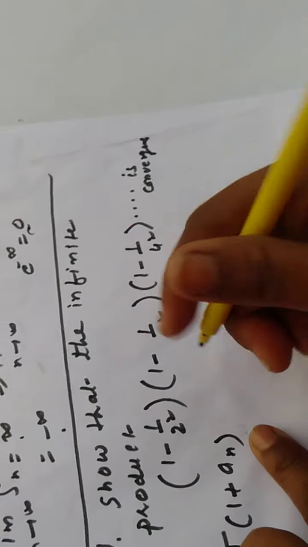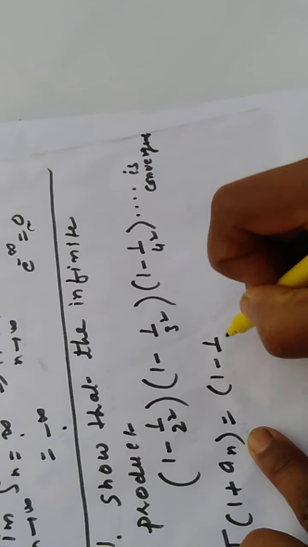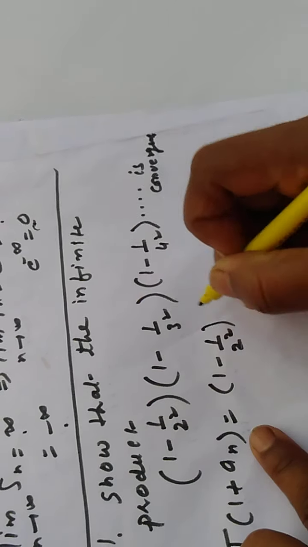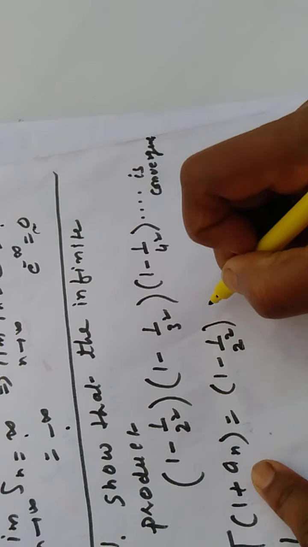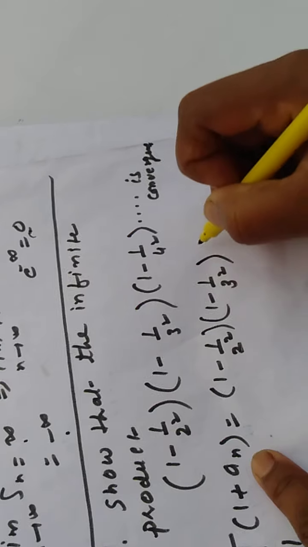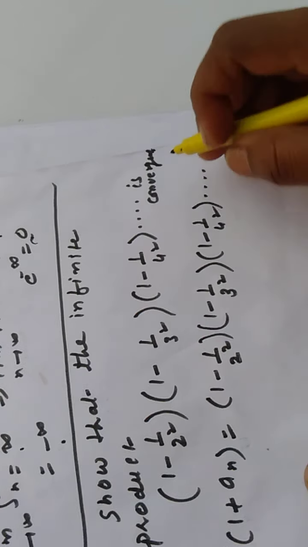Now if I convert it into this form, what will this be? Here 1 plus an has no meaning until we express it in logarithm. So you can check 1 minus 1 by 3 square, 1 minus 1 by 4 square, and so on.